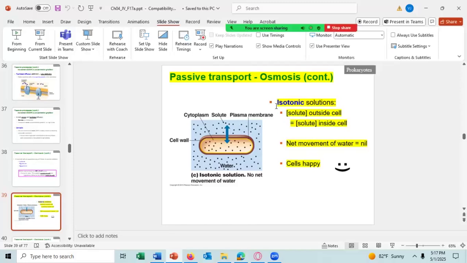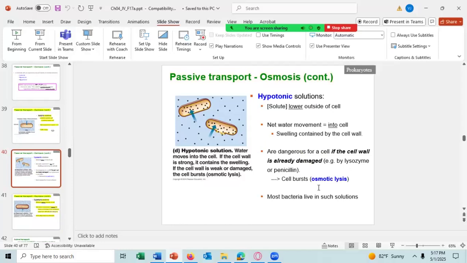Remember, the tonicity is defined by the solute concentration. So an isotonic one is where the solute concentration is the same outside the cell as inside the cell. A hypotonic solution is where the solute concentration is lower outside the cell than inside the cell.